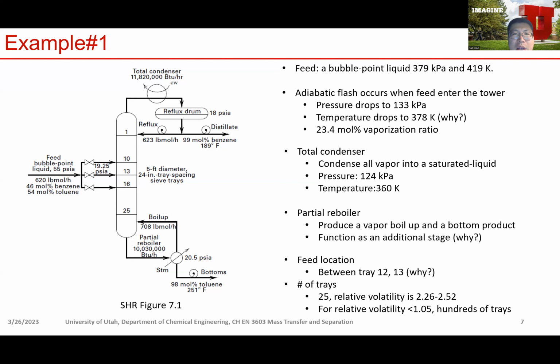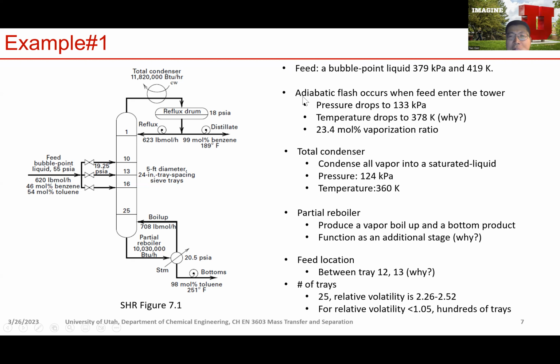During that process, pressure drops, and because the feed has a higher pressure than the tower, temperature also drops. Why is that? Remember when we talked about the single stage equilibrium process, adiabatic flash and isothermal flash.